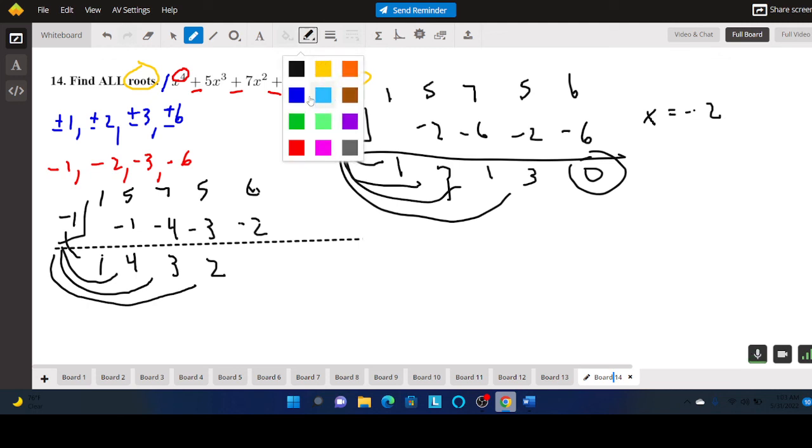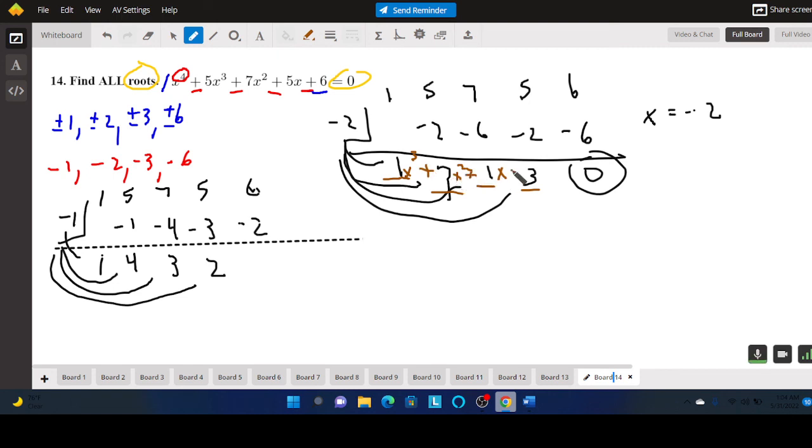Now I'm going to show you a creative way to continue without using synthetic division. You see a 1, a 3, a 1, a 3 with these 4 terms. And you know this is x cubed, this is x squared, this is x.